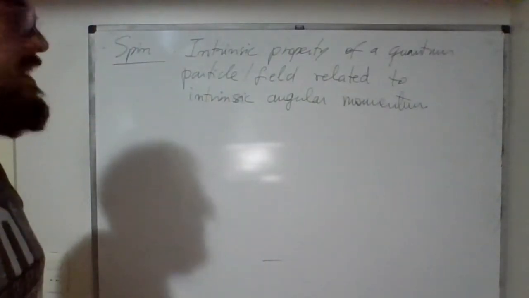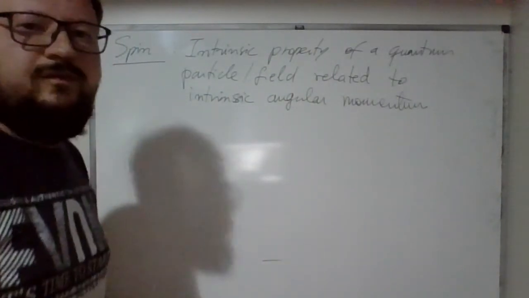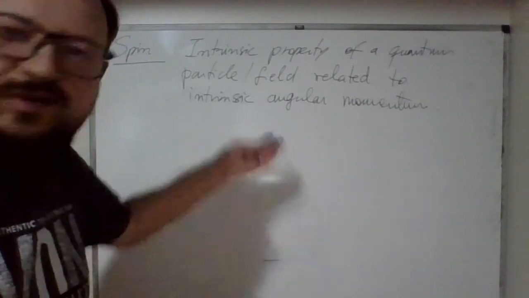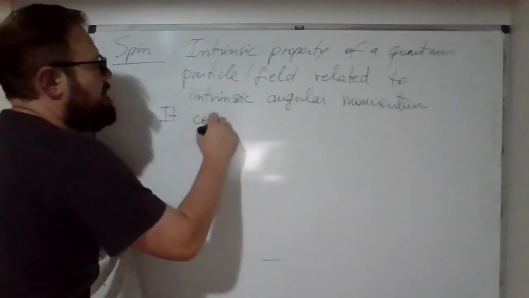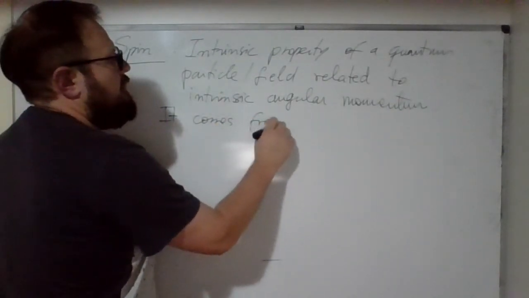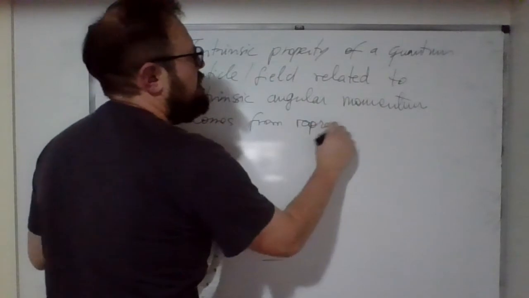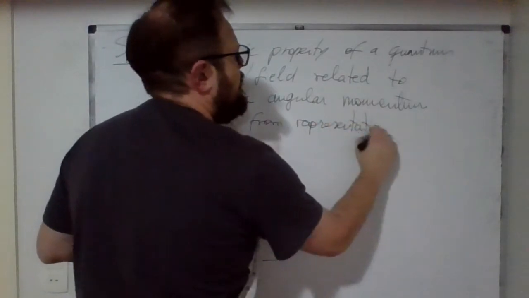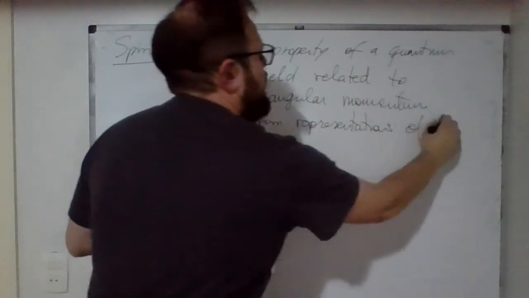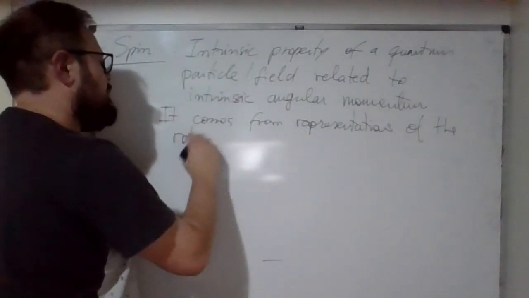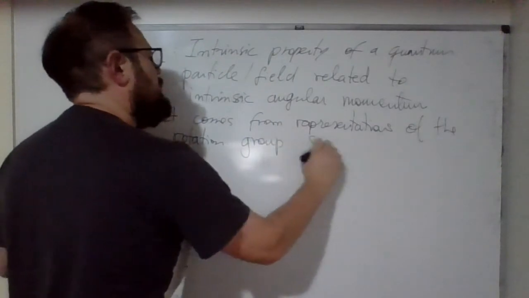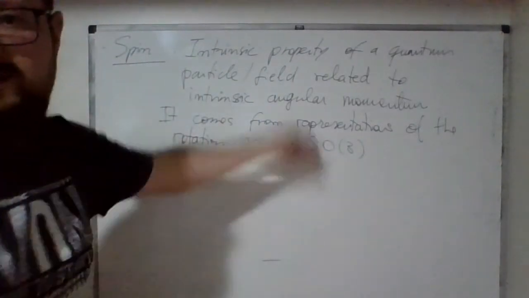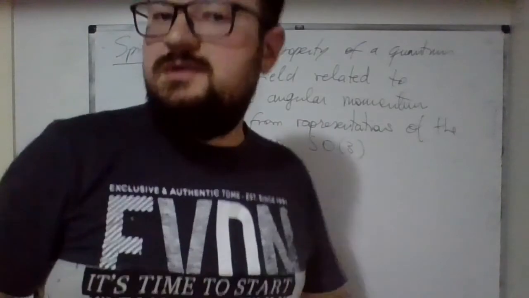All right? So it is intrinsic angular momentum. And where do these properties come from? They come from representations of the rotation group in 3 dimensions, which we are concerned about here.